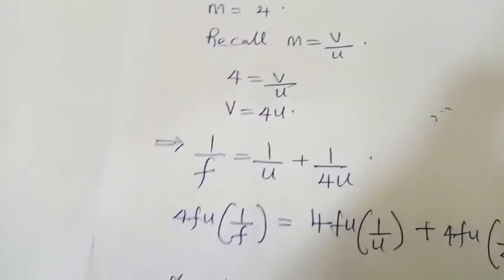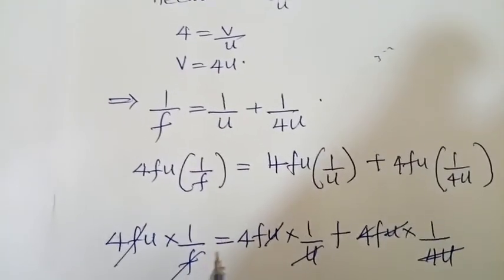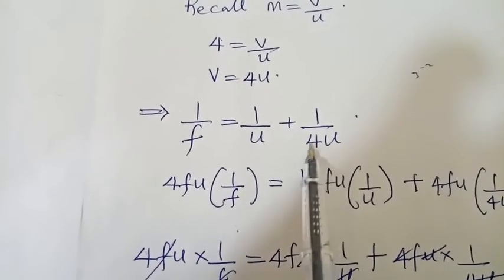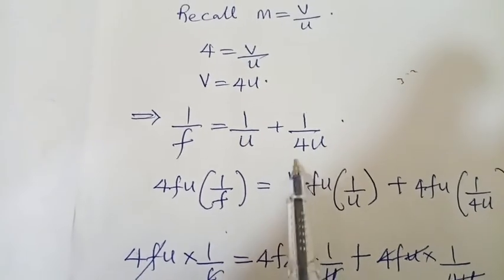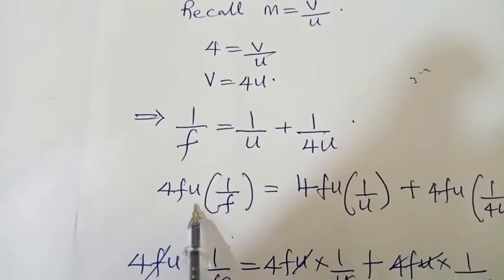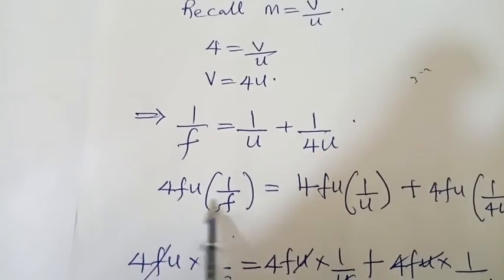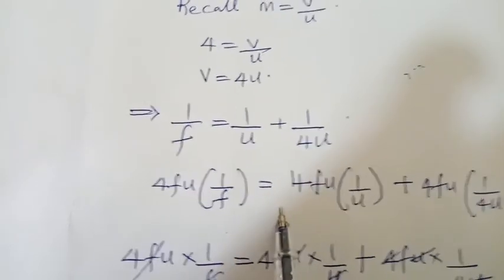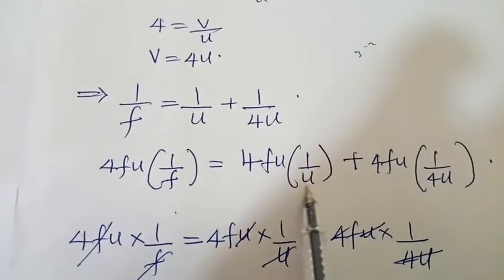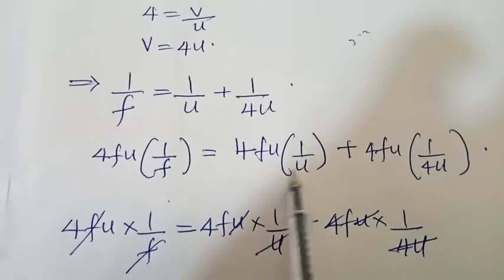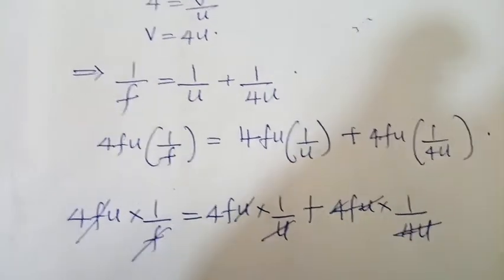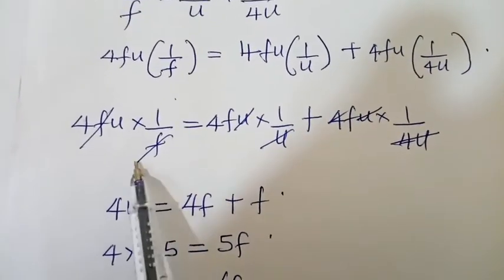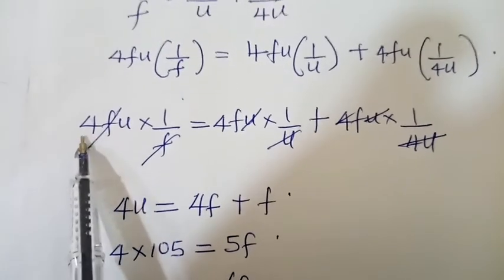On proper arithmetic, I replace V with 4 multiplied by U. Then taking the LCM of FU and 4U, I have the LCM as 4FU. Multiplying the LCM with all the individual fractions is a very good way of clearing fractions. Then I cancel F here, and I have FU left.